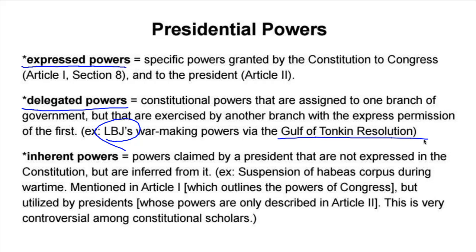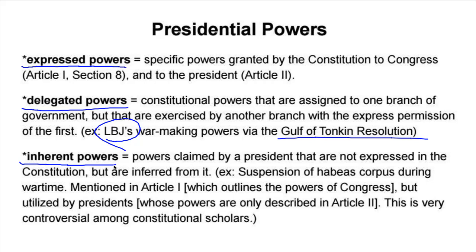Then you have inherent powers, which are powers claimed by a president that are not expressed in the Constitution but are inferred from it. And essentially, a president does these things, no one challenges it, and then it becomes an accepted power of the presidency.